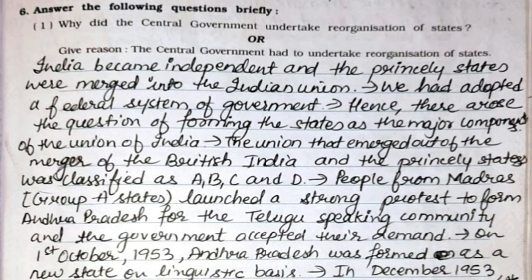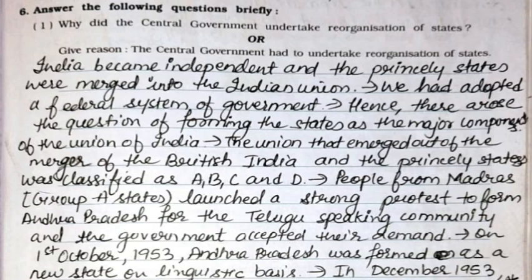The union that emerged out of the merger of the British India and the princely states was classified as A, B, C and D. People from Madras Group A states launched a strong protest to form Andhra Pradesh for the Telugu speaking community, and the government accepted their demand. On 1st October 1953, Andhra Pradesh was formed as a new state on linguistic basis.